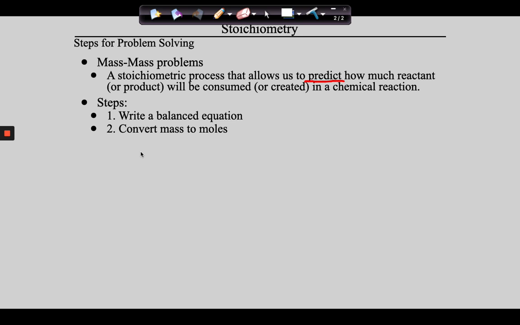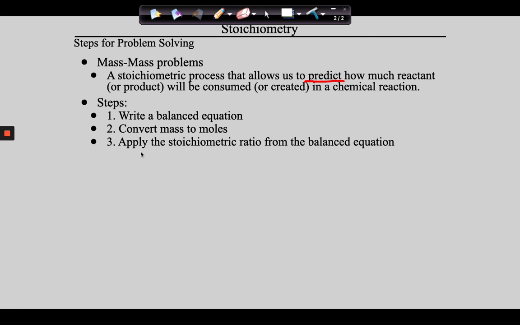That is the only essential from the previous unit. Convert mass to moles. That's why that was the only essential out of all that math we did, because we knew that you needed to be able to do gram to mole conversions because it's step 2. Then guys, step 3, and this is new, this we've never done before, you are going to apply the stoichiometric ratio from the balanced equation.